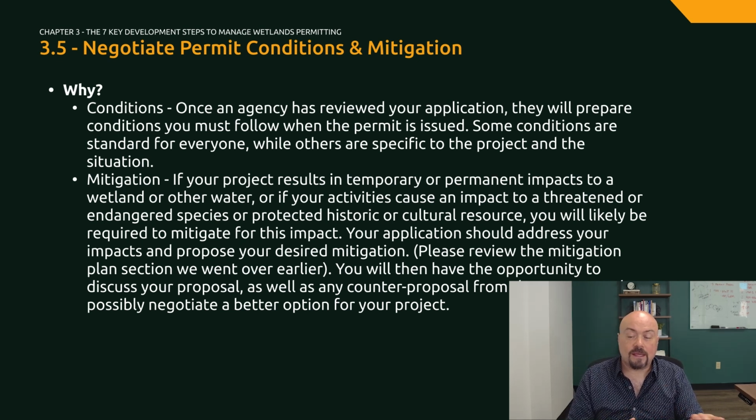You may want to go back and review the mitigation plan section that we went over earlier if you need a refresher. Once agency staff have had a chance to review your proposed application and your mitigation, you will then have the opportunity to discuss your proposal as well as any counterproposal from the agency and possibly negotiate a better option for your project than otherwise could have been.